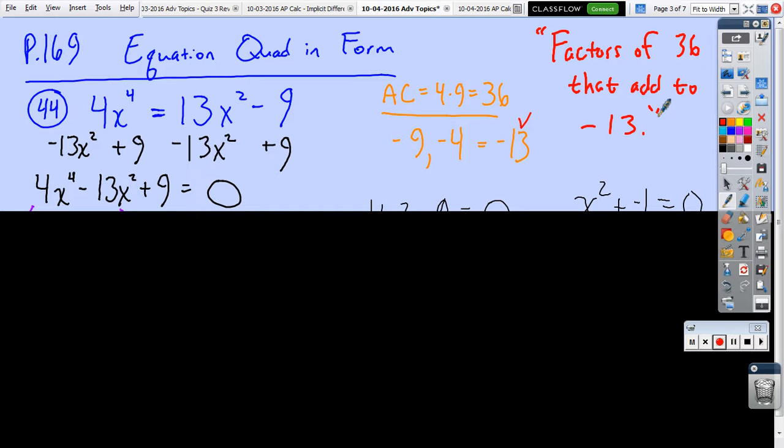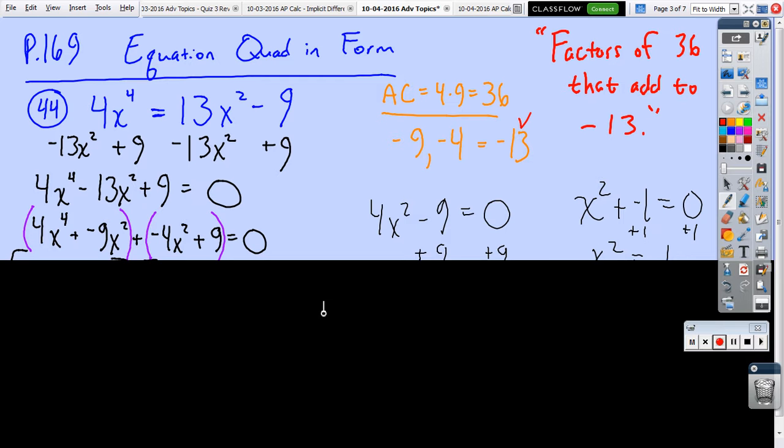What you do is rewrite this as the sum of negative 9x squared and negative 4x squared. You can ignore the purple for right now, that's the next step. All I'm doing is rewriting negative 13x squared as negative 9x squared and negative 4x squared.